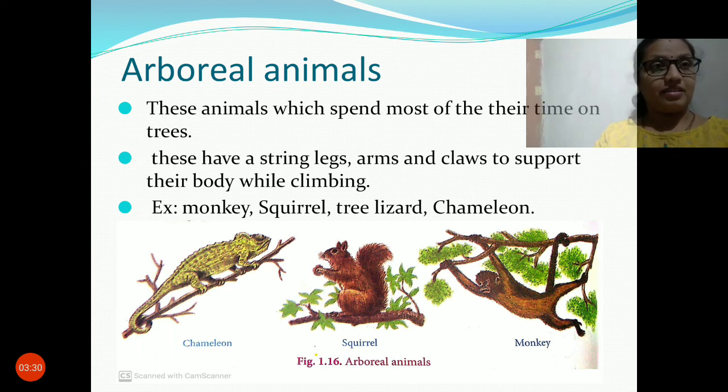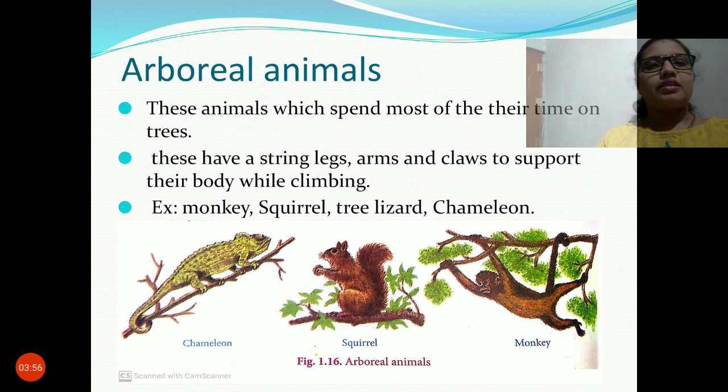Then that is also an arboreal animal. Then squirrels. I think you might have observed in your surroundings, even a squirrel will spend more time on a tree. Okay, chameleon. These are a few examples I have given, the arboreal animals which live most of the time on the tree.